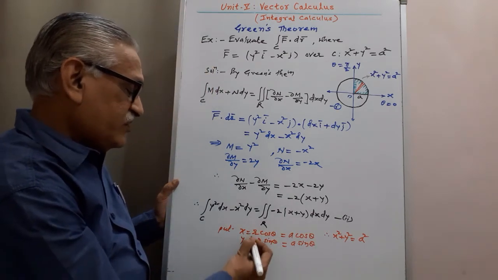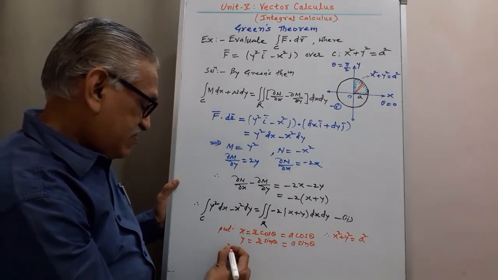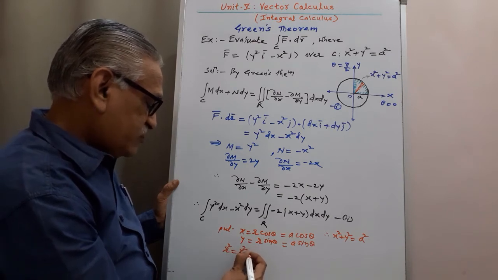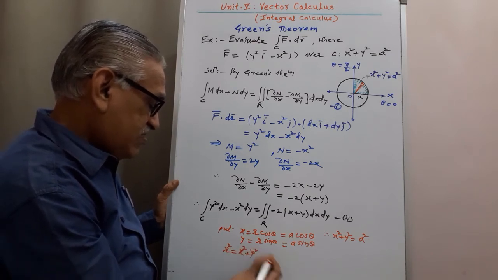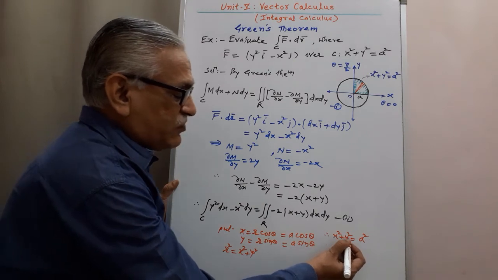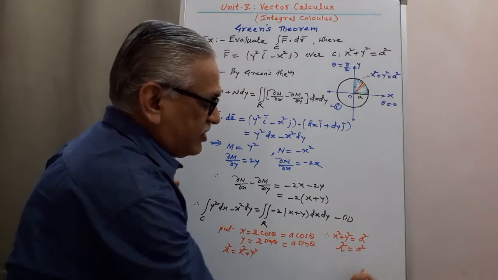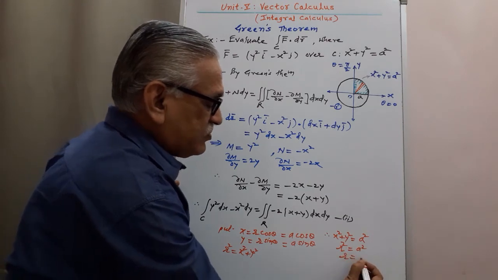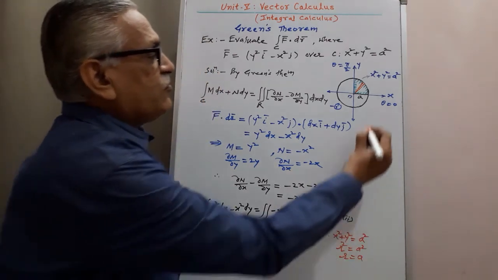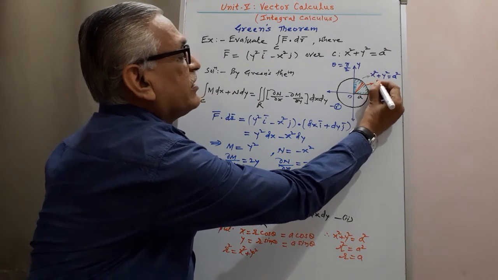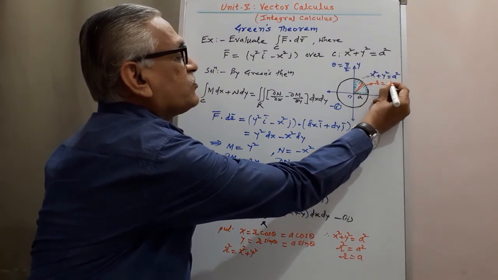Replacing x square plus y square by r square, we get r square is equal to a square, means r is equal to a, and therefore this circle in polar form is r is equal to a.